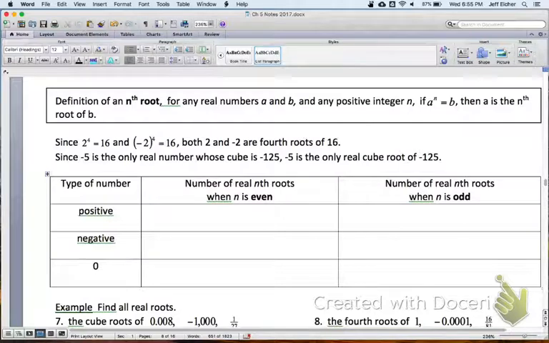If a to the n equals b, then a is the nth root of b. Like we were doing before, if we have 5 to the 4th equals 625, a, which is 5, is the 4th root of 625. Or in other words, 5 is the 4th root of 625.